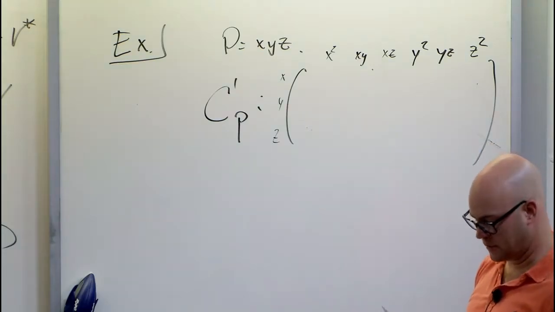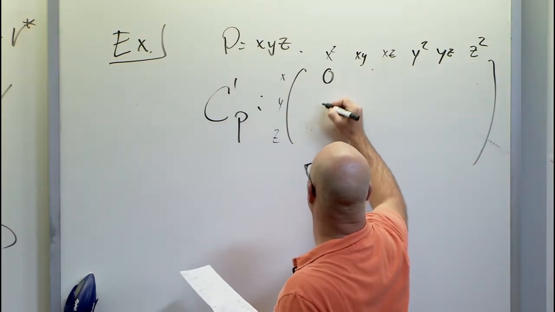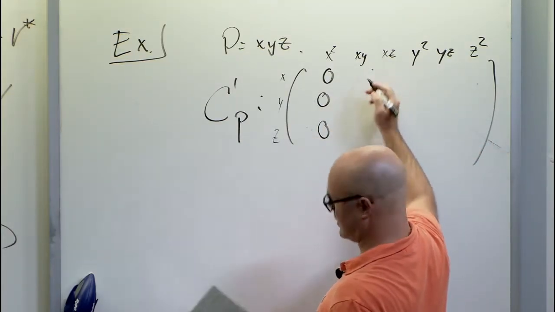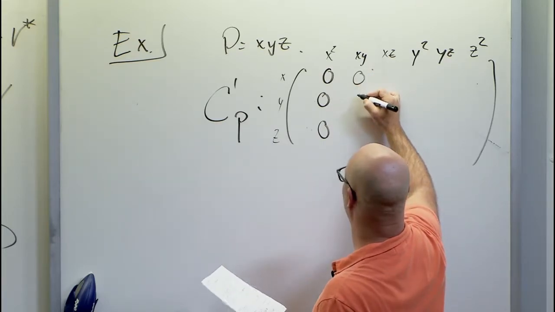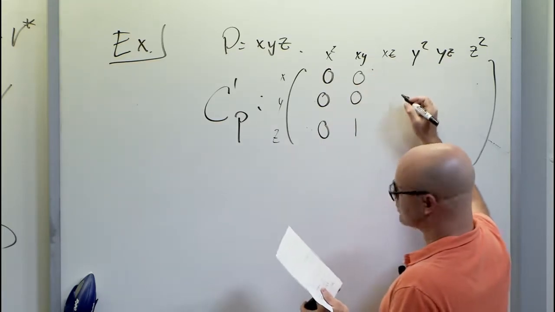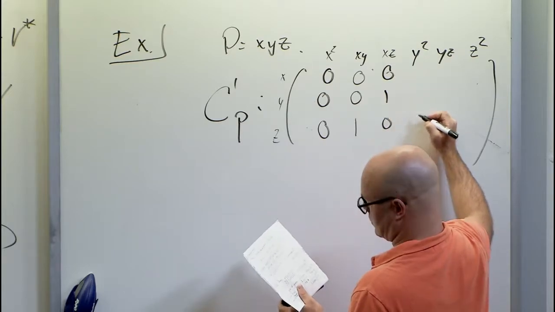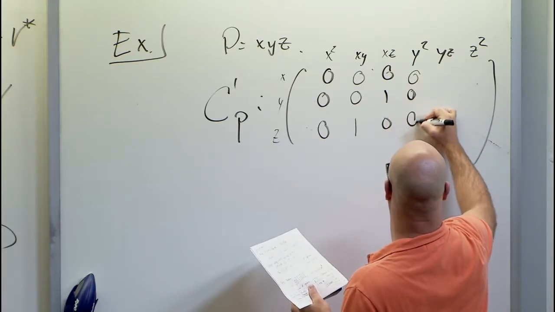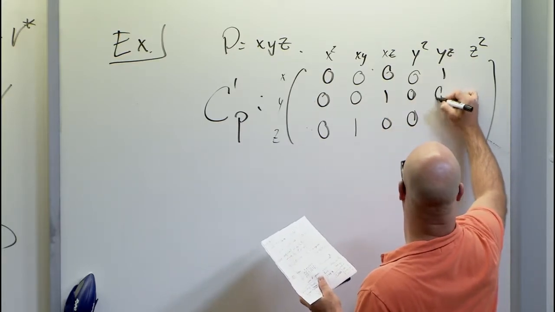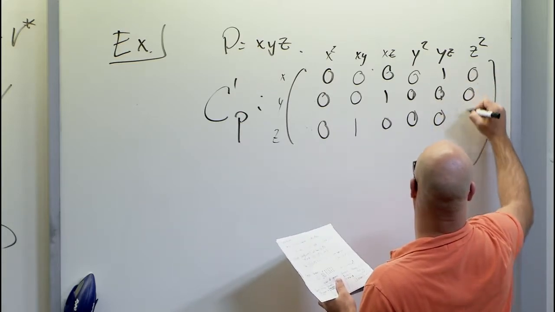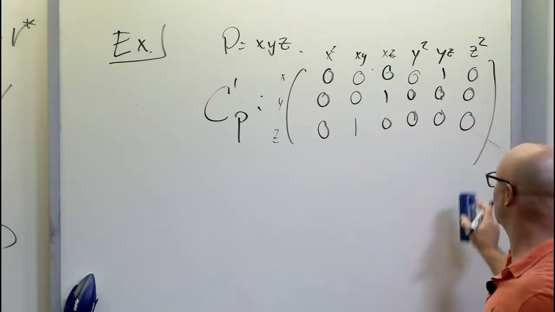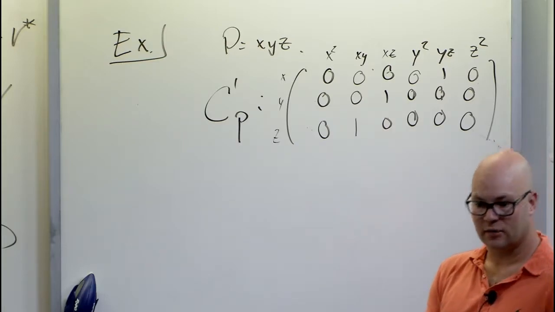So those are my labels of my matrix. And then the only places I get a 1 in the matrix are when x y z occurs.